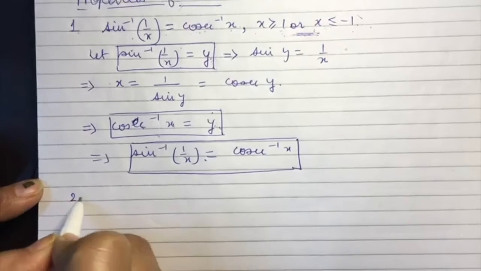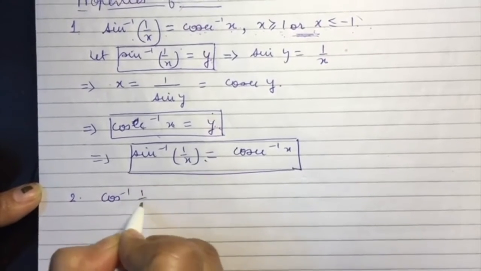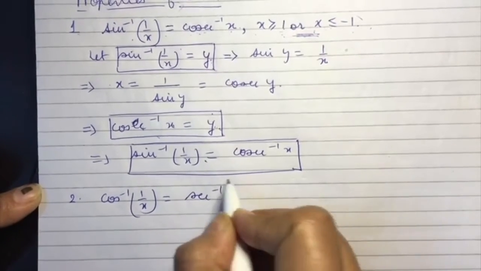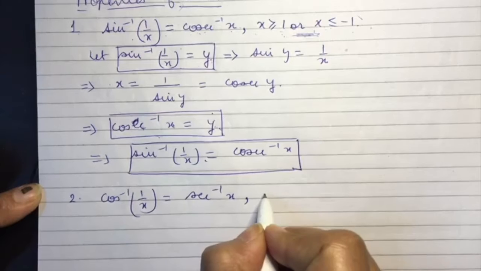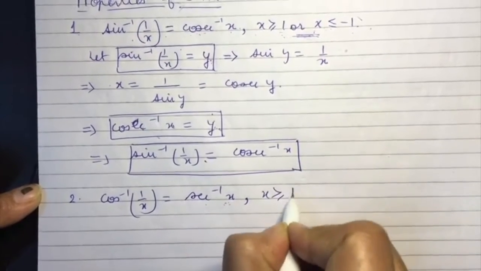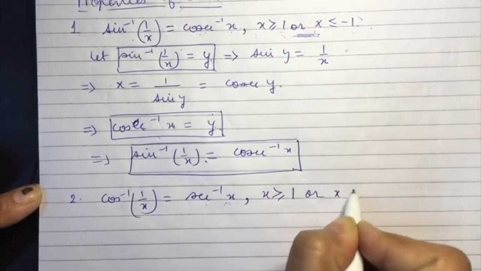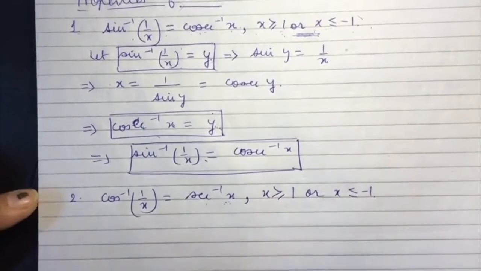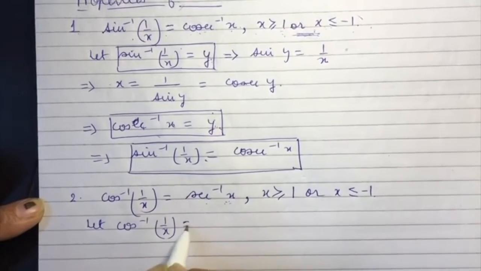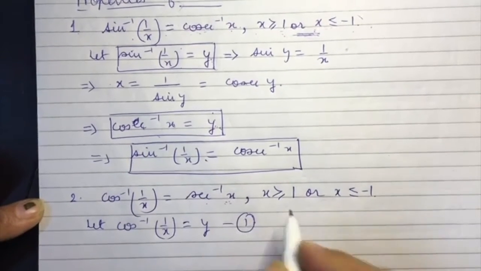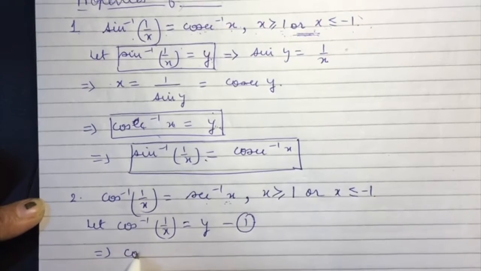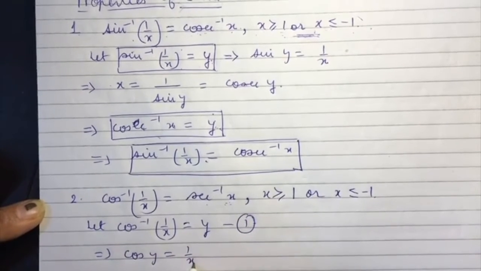Same way, the next property is cos inverse 1 upon x is equal to sec inverse x, and it will be defined for the domain of sec inverse x, which is x is greater than or equal to 1 or x is less than or equal to -1. Same way we proceed. Cos inverse 1 upon x equal to y, let's call it 1. This implies that cos y equal to 1 upon x.